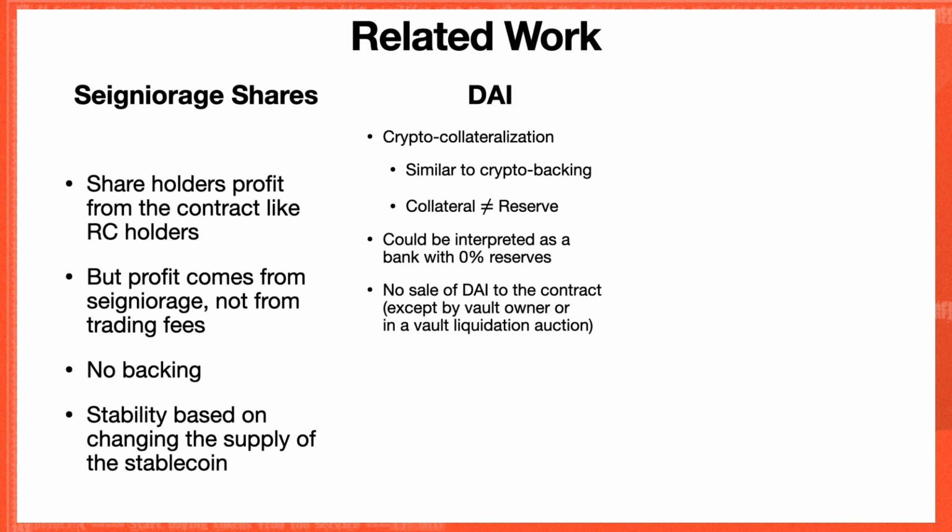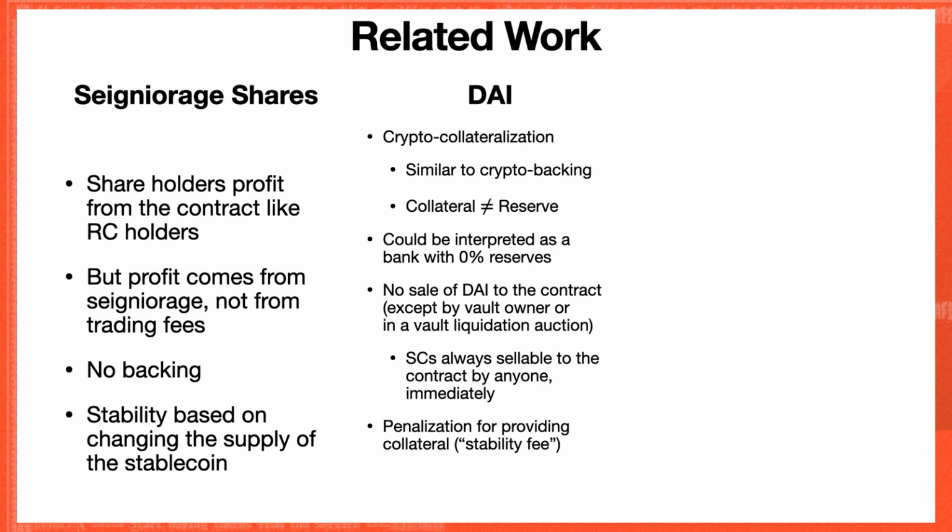So when you hold DAI, you cannot sell your DAI directly to the contract, except if you're a vault owner or if there's a vault liquidation auction. So in our case, the stablecoins are always sellable to the contract by anyone immediately. So we believe that this will make the stablecoins more attractive to potential stablecoin users.